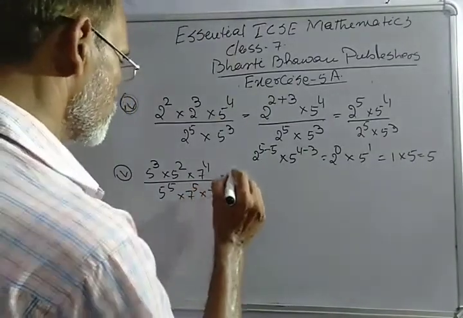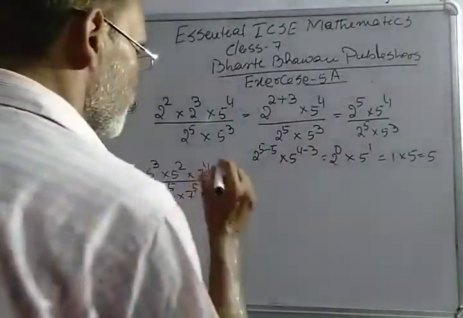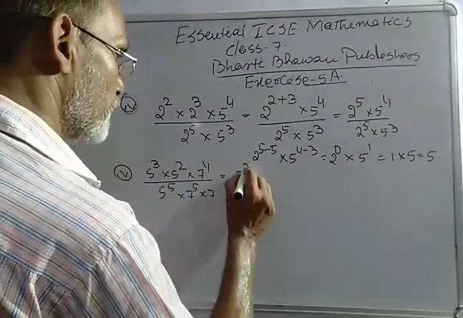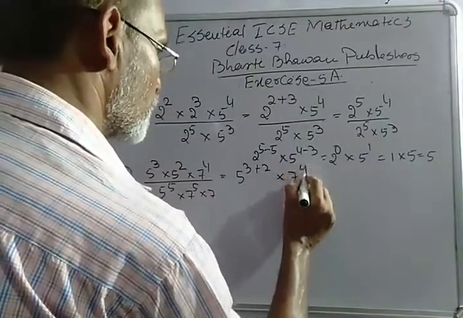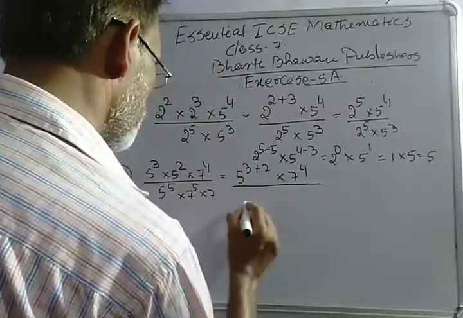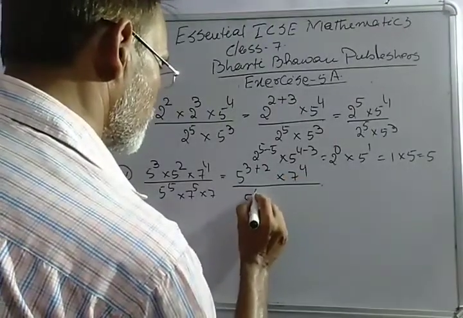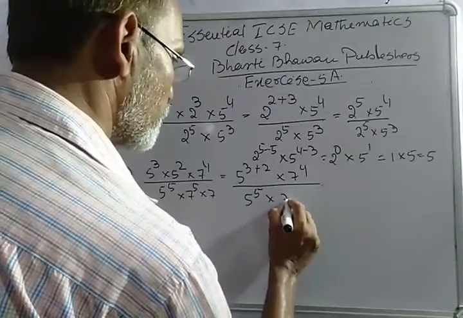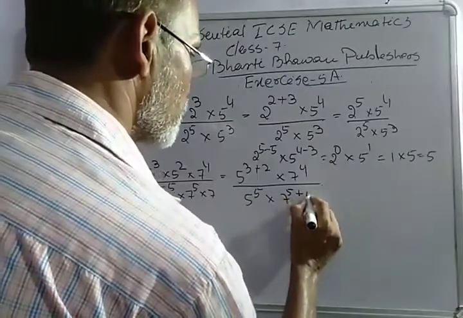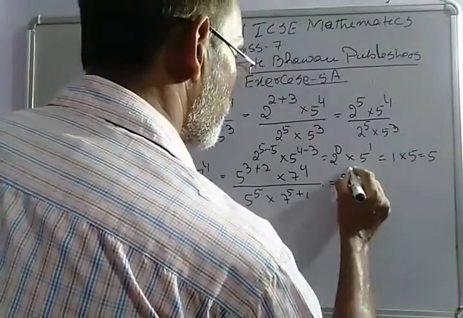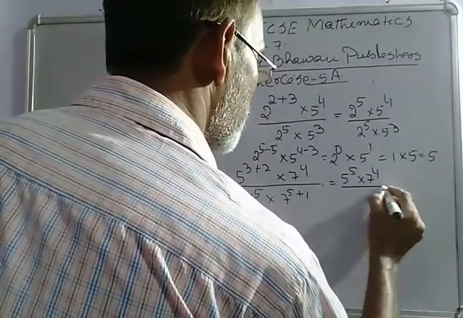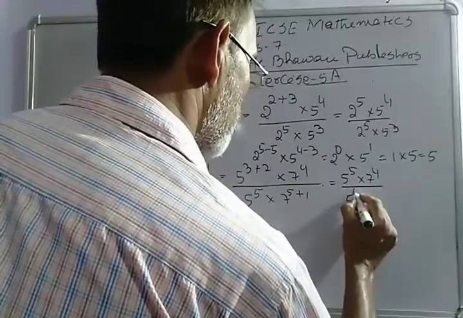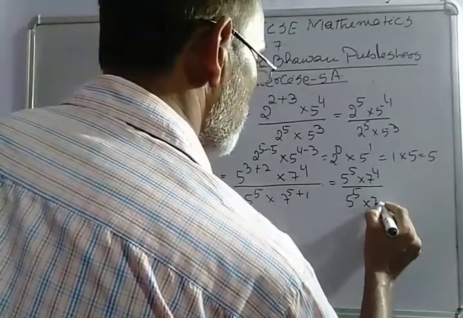So this is equal to 5 to the power 3 plus 2 into 7 to the power 4 by 5 to the power 5 into 7 to the power 5 plus 1. So this is equal to 5 to the power 5 into 7 to the power 4 by 5 to the power 5 into 7 to the power 6.